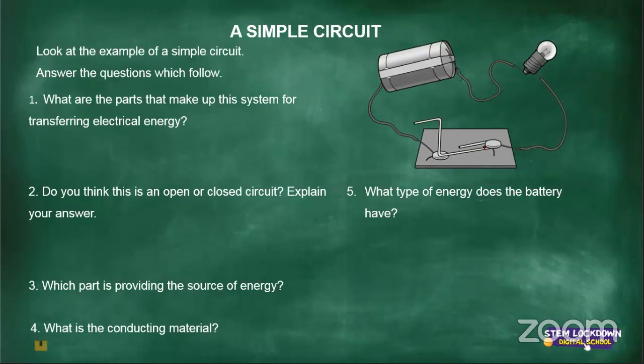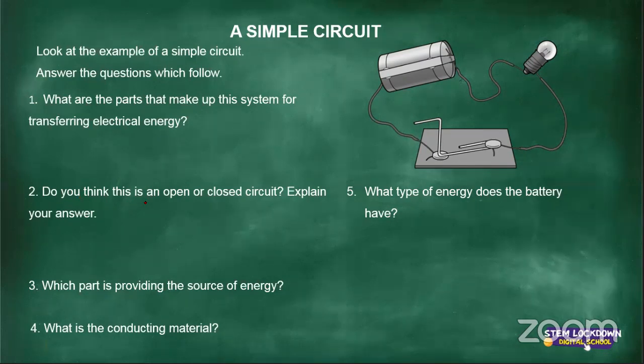Okay, so I'm going to go through the questions and then I'm going to give you a chance to answer it before we actually go through the answers. So if we look at the circuit, have a good look at it over here. And then I'll read through the questions, and while you're looking at it, you can listen to the questions. So what are the parts that make up the system for transferring electrical energy?